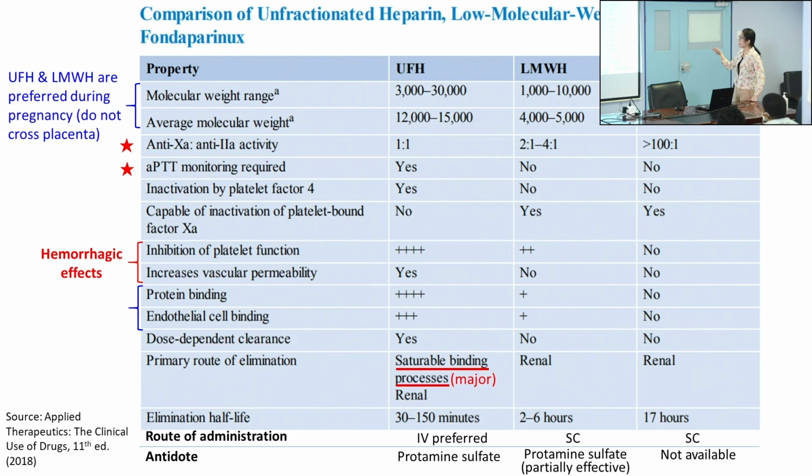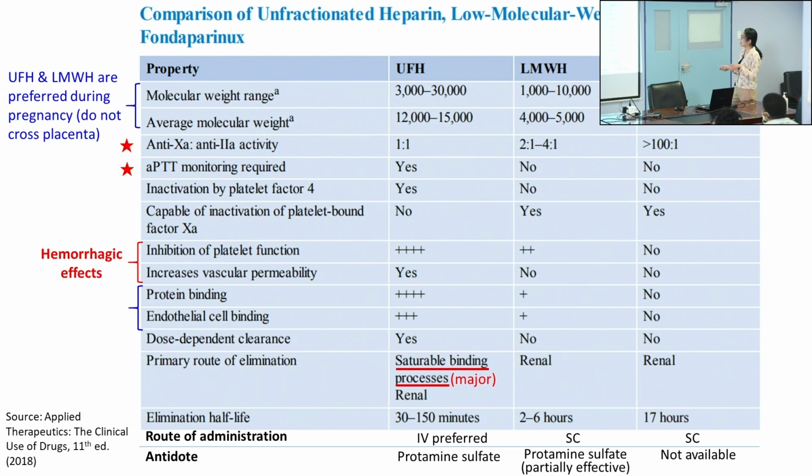This is because they are more specific toward factor 10, and APTT is more associated with reflecting the anti-factor 2 activity. So even if you give low molecular weight heparin or fondaparinux, the APTT won't change much. So you don't have to monitor that. I think that is the benefit of using them.